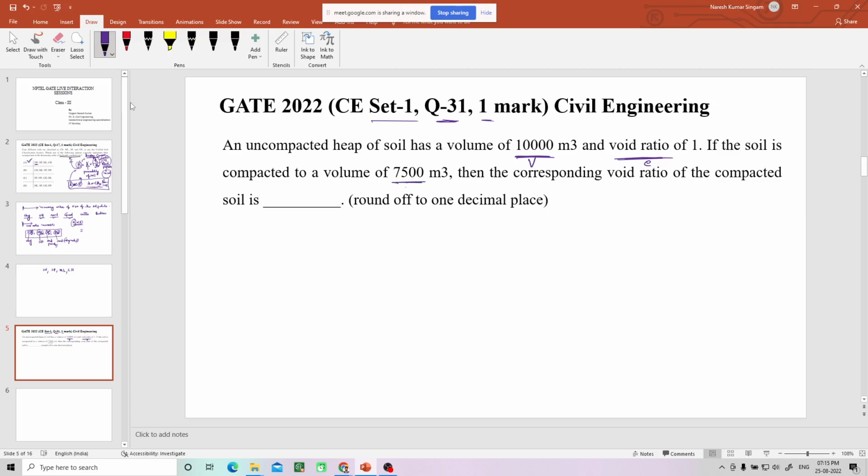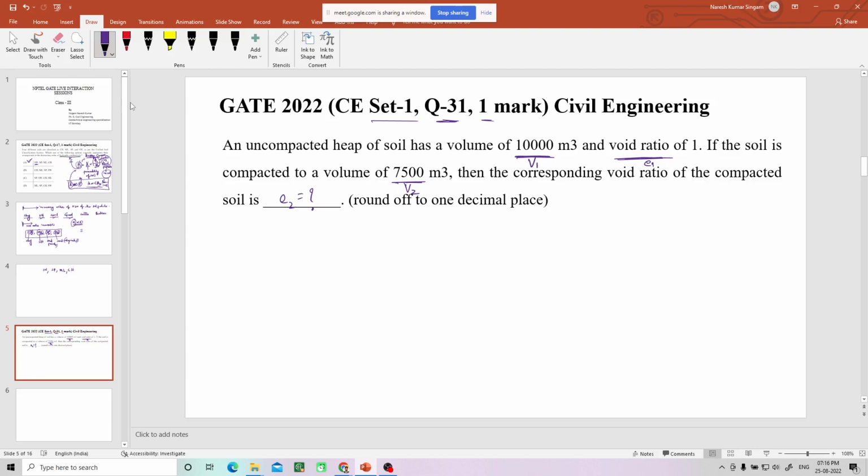After compaction, let us say this is V2, this is V1. After compaction it has become 7,500 meter cube. Then the corresponding void ratio of the compacted soil is what? Let us say this is e1. So what is e2, rounded up to 1 decimal place? So we need to find out e2.